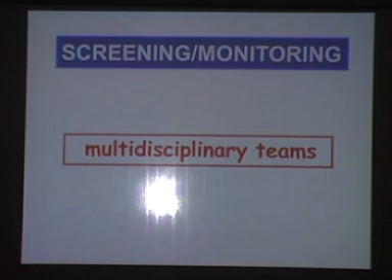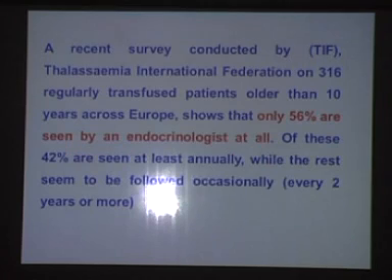This is carried out by multidisciplinary teams of endocrinologists and hematologists. A recent survey conducted by TIF on more than 300 patients found that 56% are seen by an endocrinologist, and only half of them are seen annually, while the rest are followed occasionally.